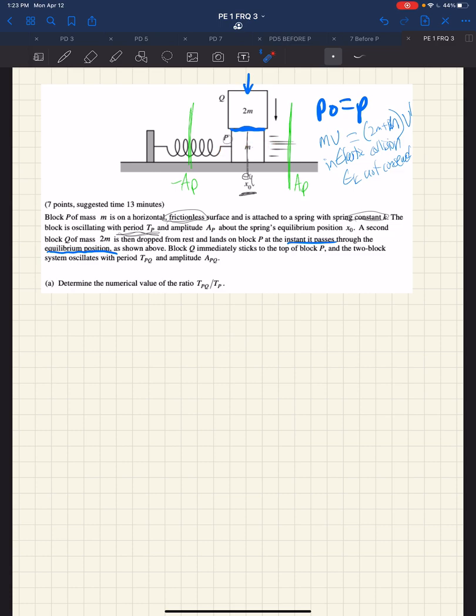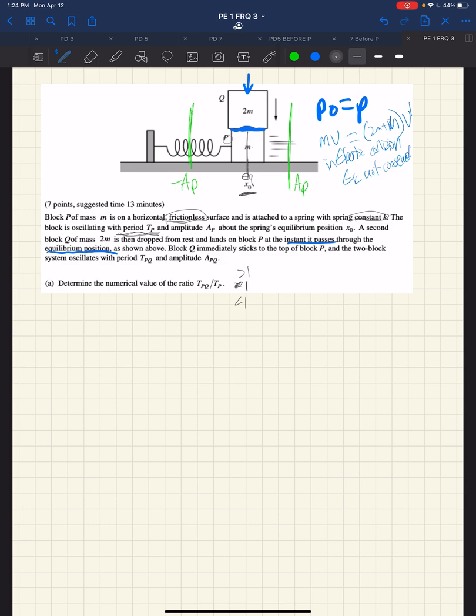And for the two-block system, there's a period for these two situations. There's a period when it's P, and there's a period when it's P and Q. So how do they compare with each other? The possibilities, if we were just mapping them out, logically are, they could be equal to each other, so the ratio is 1. It could be greater than 1, or it could be less than 1.